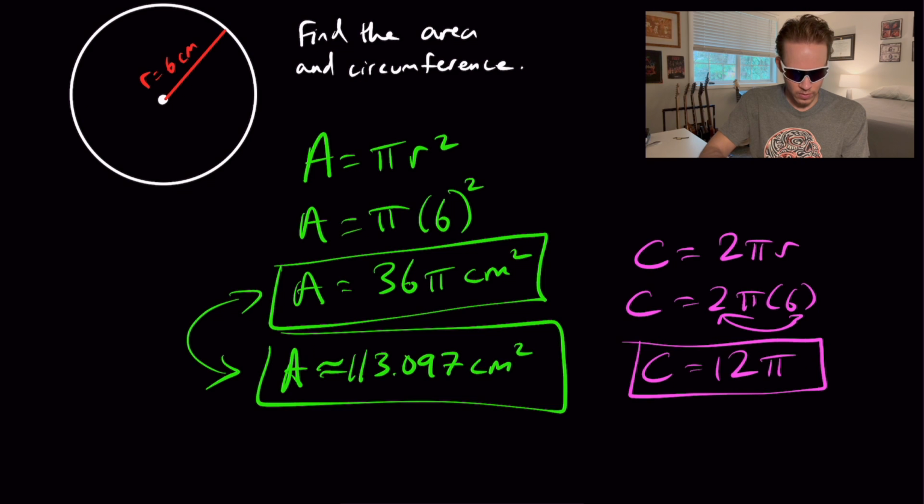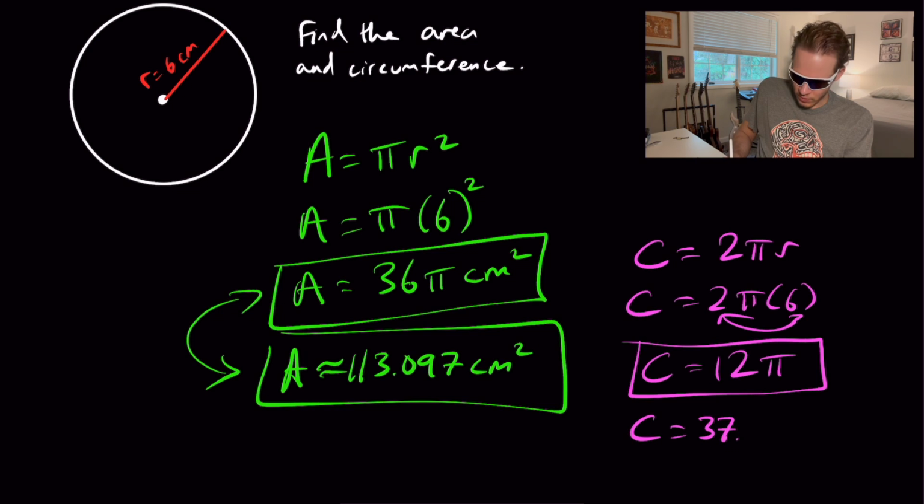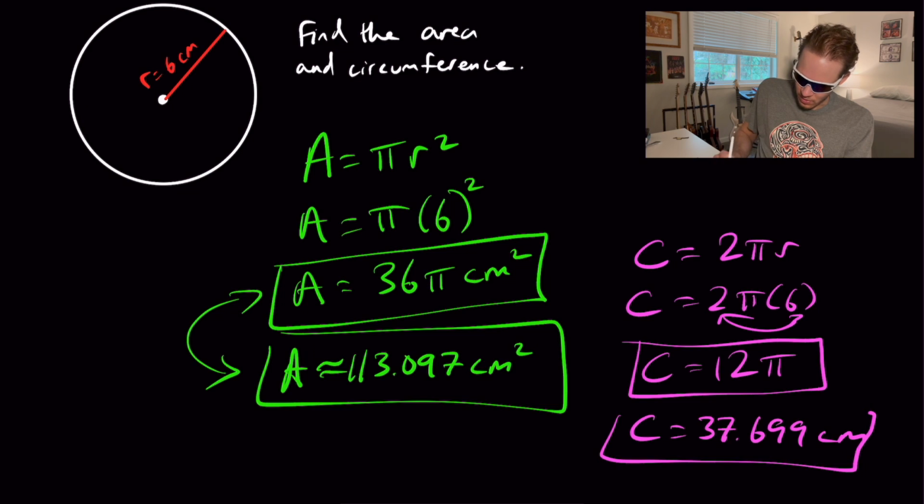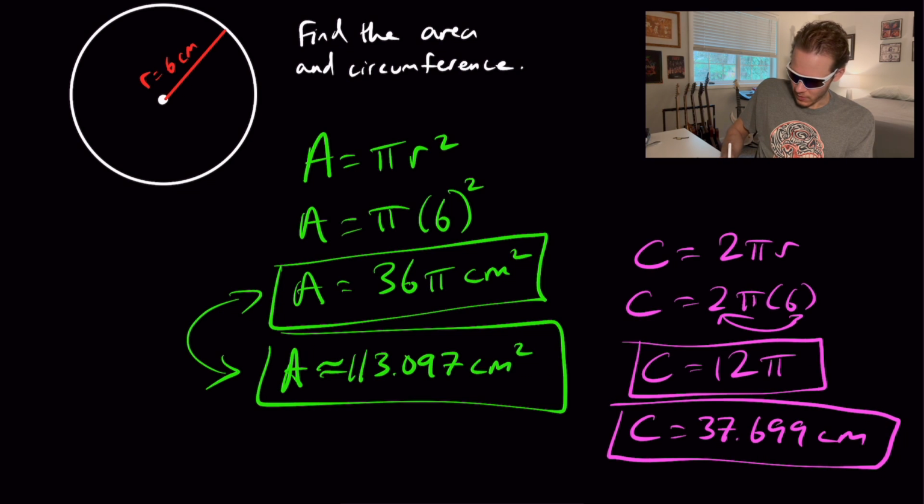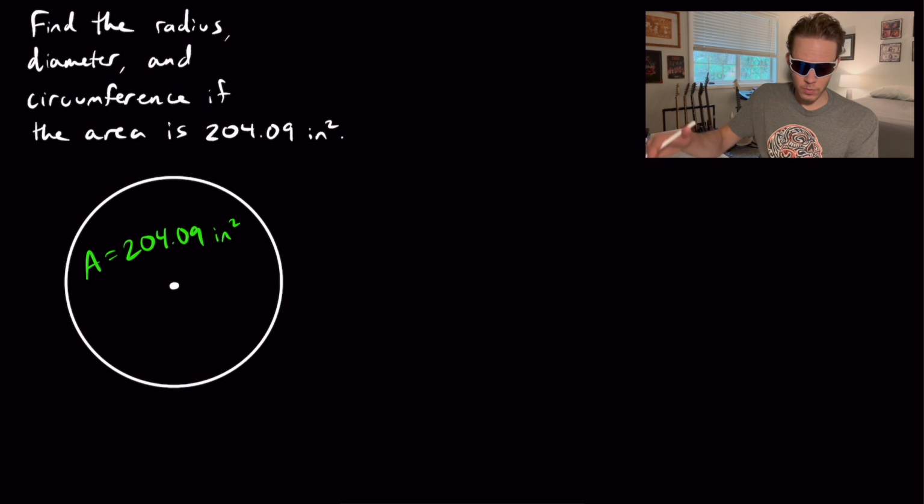But if you wanted to multiply it out, we could say that the circumference is equal to 37.699 centimeters. And remember that the circumference is just a length. I should put the units there too. It's just a length, so you're going to have centimeters as is, but area, your units are going to be squared, so centimeters squared.